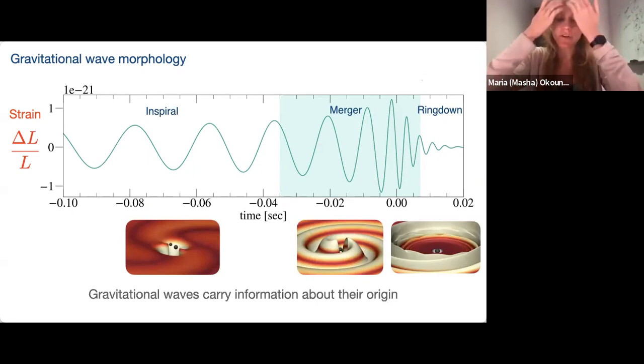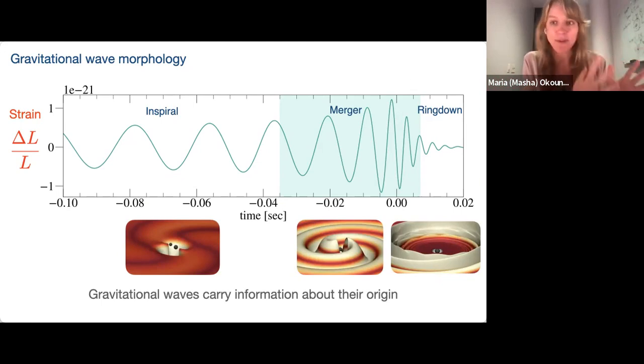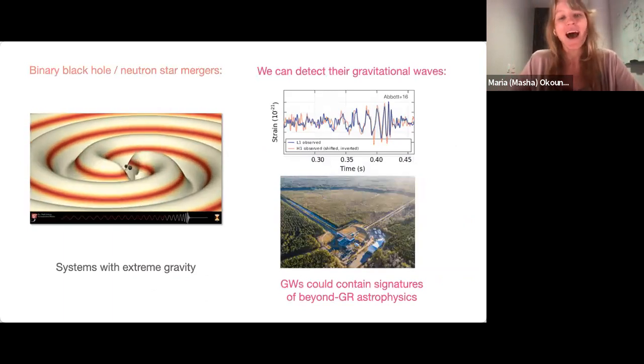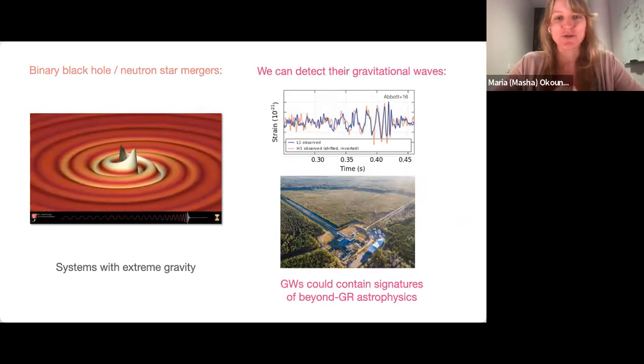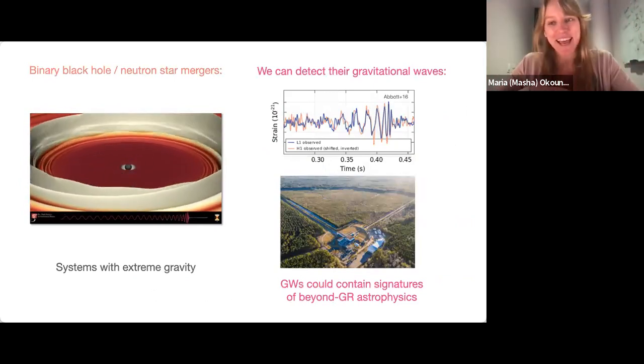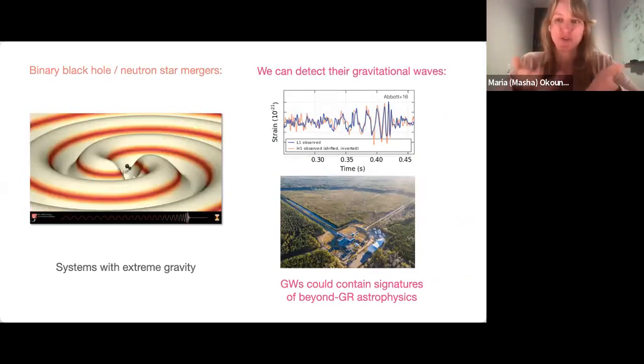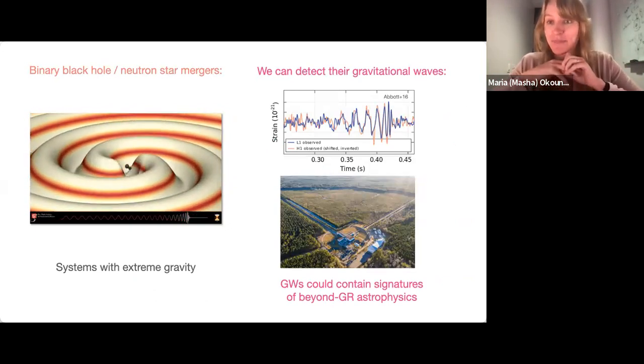It's important to note that gravitational waves carry information about their origin. So whatever dynamics is happening near the source, the gravitational radiation that comes out ultimately reflects the physics that's going on. Binary black hole and neutron star mergers are systems with extreme gravity, and we now can detect their gravitational waves with instruments such as LIGO, Virgo, and KAGRA.